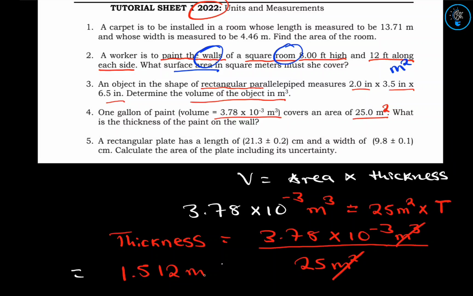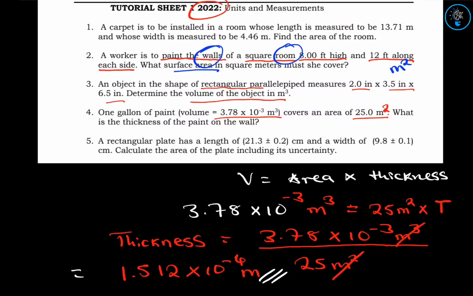So this one will be our value, meters as the unit. So this is the thickness of the wall. Oh, I didn't copy the answer correctly. It has an exponent, so it's negative 4 meters. Okay, so that must be your thickness.